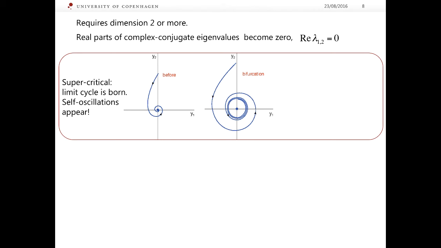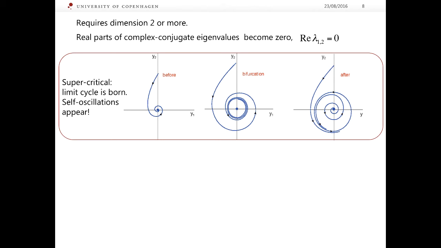point becomes a center. When the control parameter exceeds its bifurcation value, the real part of the eigenvalues is now positive, so the fixed point becomes an unstable focus, which means it is not an attractor any longer, but around the fixed point a new object suddenly appears, called a limit cycle.